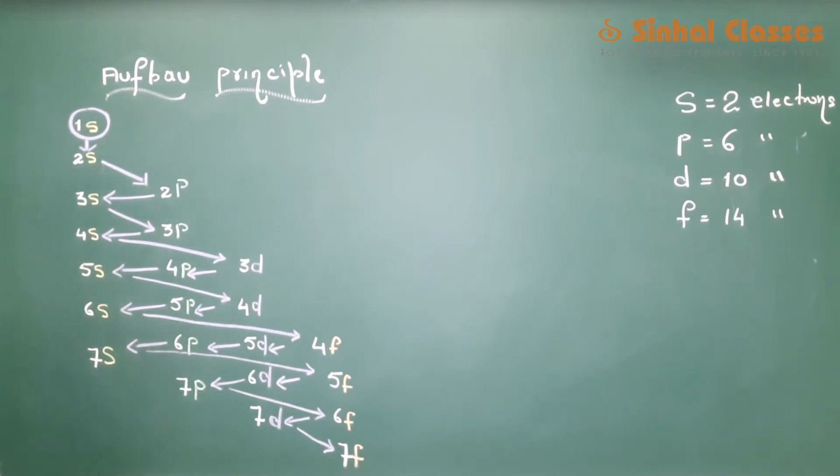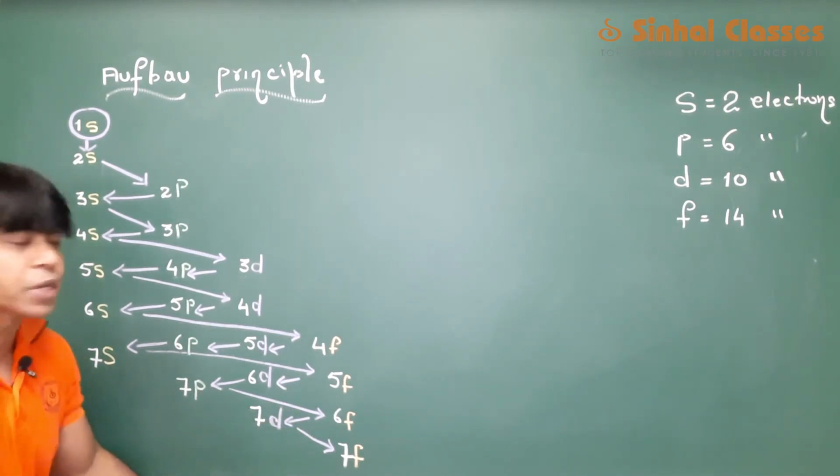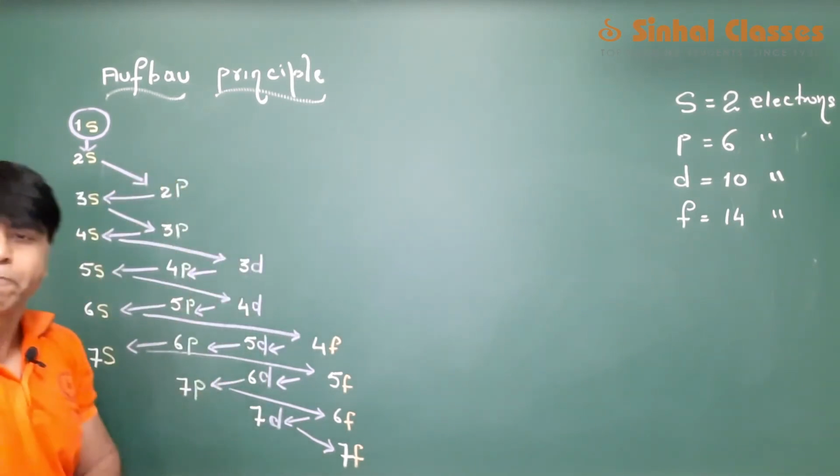Okay, so this is the order of it. From 1s come to 2s, then 2p, then 3s, 3p, 4s, 3d, 4p, 5s and so on and so forth. This is called energy level.